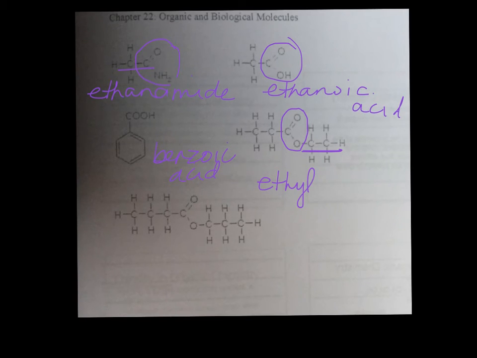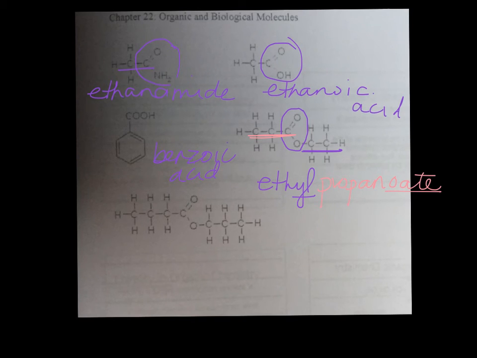Look to the left of this O, and I see 3 C's, so this is going to be propanoate. So this is how you name it. The alcohol gets the yl ending, the organic acid that it came from gets the oate ending.